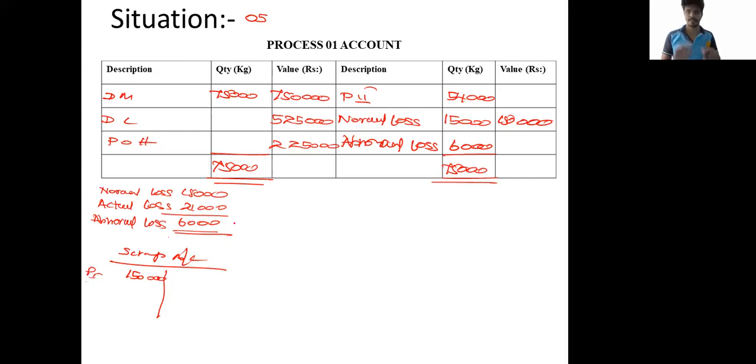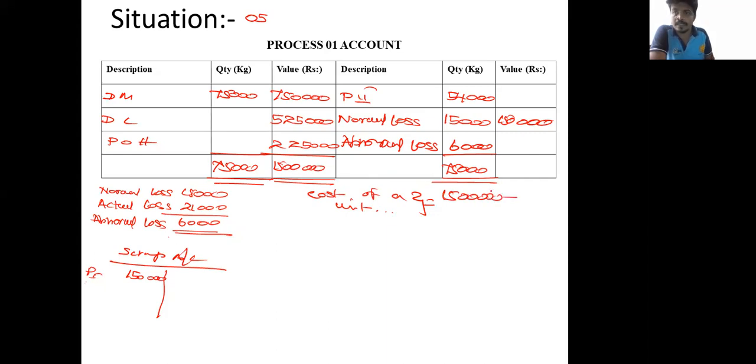Okay, units, 15,000 units. Now let's calculate first the cost of a unit processed. So here total cost we can identify within the process is 1.5 million. As we are having scrap selling income, we can deduct that 150,000.